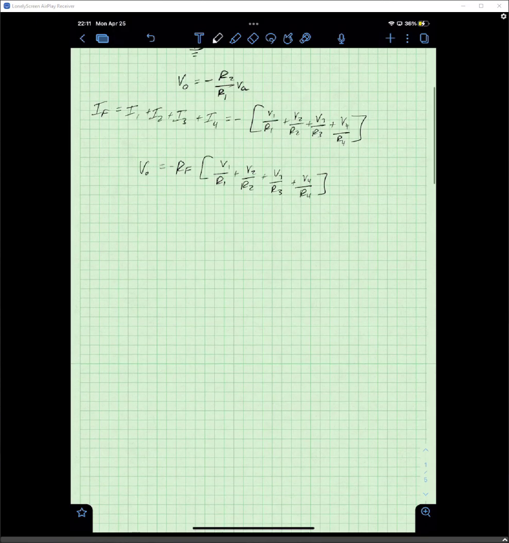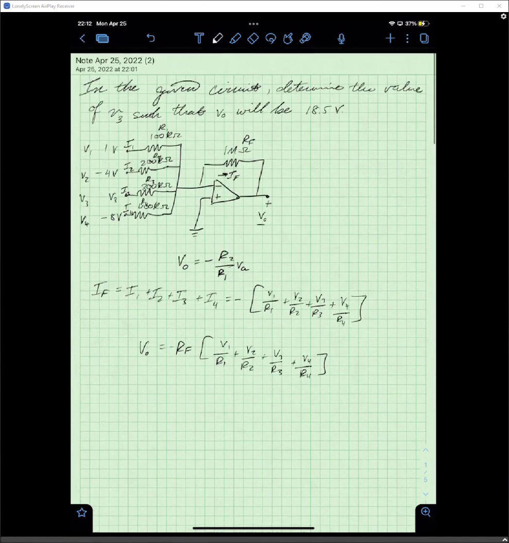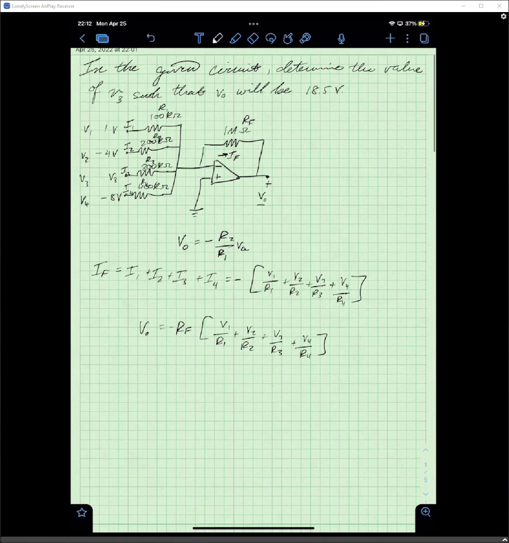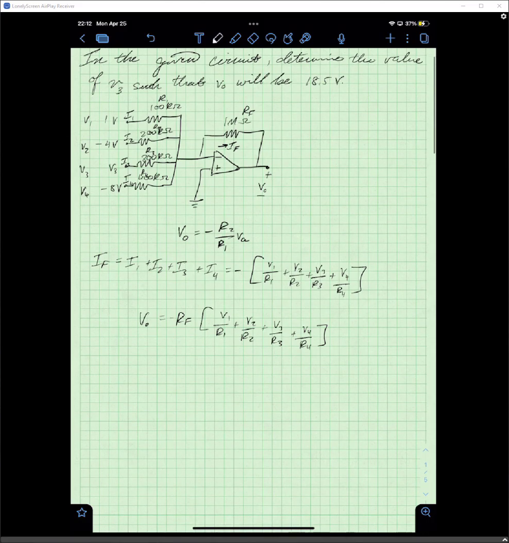So as you can see from the picture, it is a summing op amp in an inverting configuration. So all the voltage is running to the negative terminal, and it's summing multiple voltages.